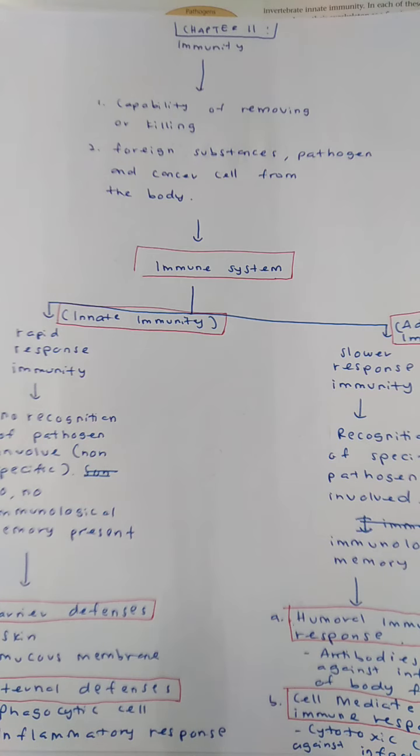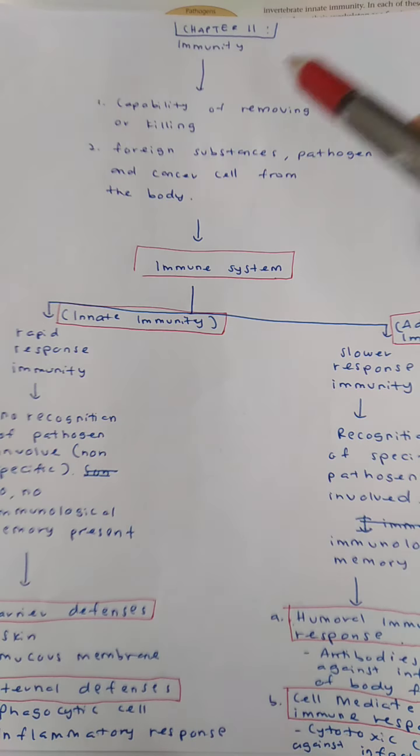We have a capability of removing or killing the foreign substance, or the pathogen, and somehow, we also need a capability of removing or killing the cancer cell from the body. So, immunity is about capability of removing or killing the foreign substance, pathogen, and cancer cell from the body. So, semua benda-benda ini adalah benda yang harus dihalang untuk berada dalam tubuh badan.